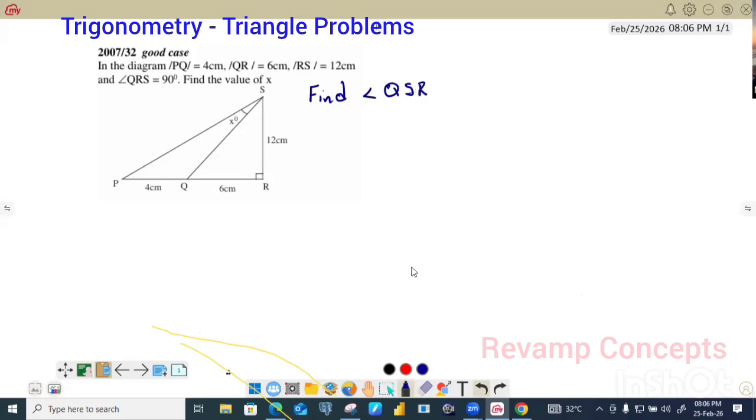Let's first find the angle QSR, and we find it using triangle QSR.